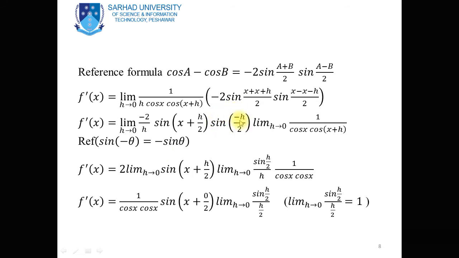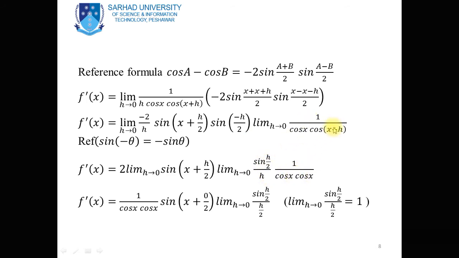So we can write sine of minus h by 2 is equal to minus sine h by 2. So minus and minus give plus, so 2 into the limit as h tends to 0 of sine of x plus h by 2, and the limit as h tends to 0 of sine h by 2 divided by h, and 1 over cos x into cos x.